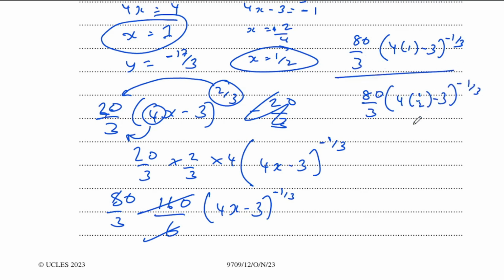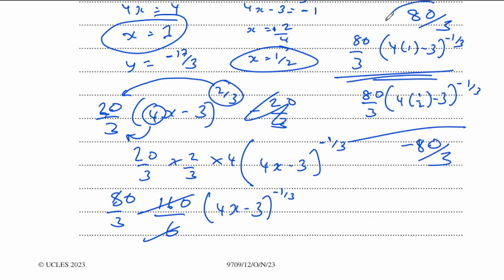If you put these two in, 80 over 3 times (4x minus 3) power negative 1 over 3, if x equals 1, this is going to just be 80 over 3, and if x equals a half, this is just going to be negative 80 over 3.